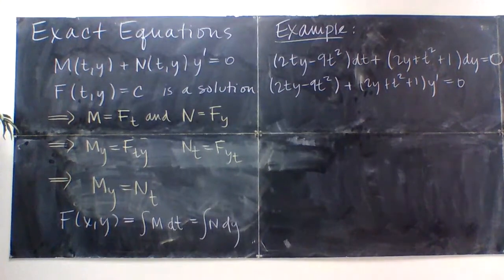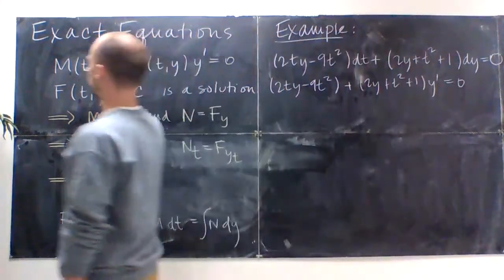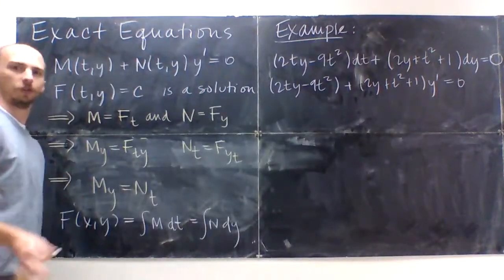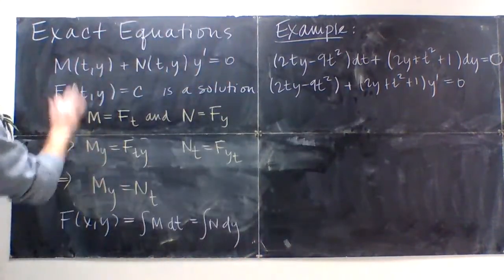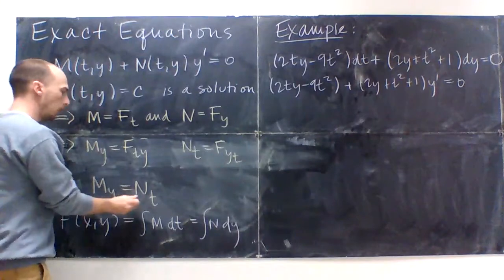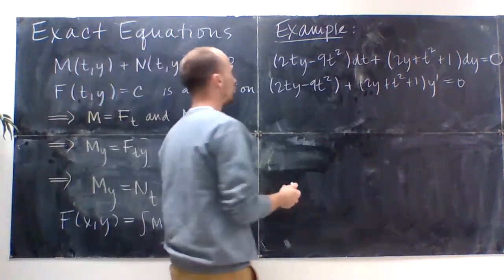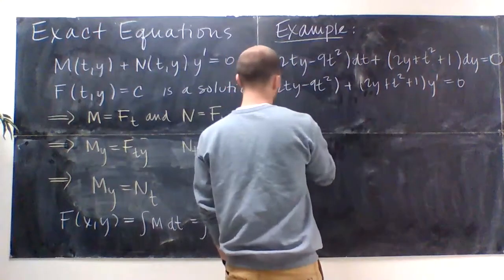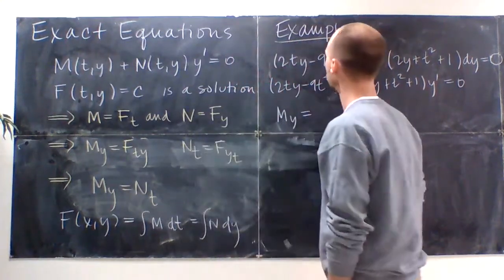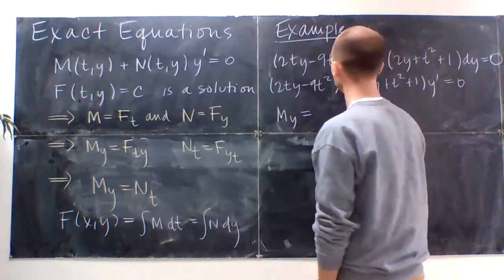And this is kind of looking like the form I've considered already, right? So this is going to be solvable using this technique if M_y is equal to N_t. Well, the partial derivative of the first thing with respect to y is going to be 2t.